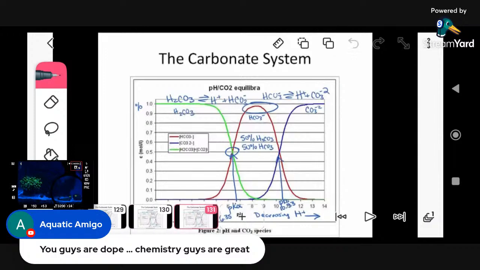So what is that blue right here? Any guesses? What is CO3? CO3 is carbonate. Yeah, I had to double think that. CO3 is carbonate. Not to confuse it with bicarbonate.